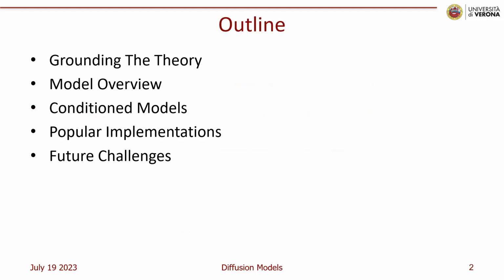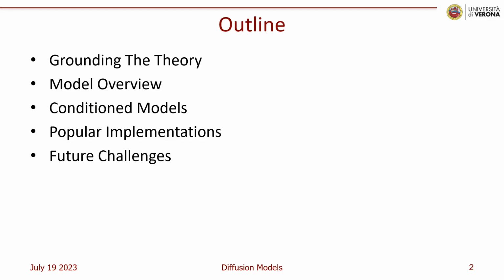So this is a quick outline of what we're going to see. First, we're going to see a grounding of the theory, as I said. So we're going to look at the main components of the theory we just saw with Geri, the loss function, the alphas, the xt's. And after that, we're going to look briefly over the main architecture that's used with diffusion models and how it's trained and how it's used to generate images.